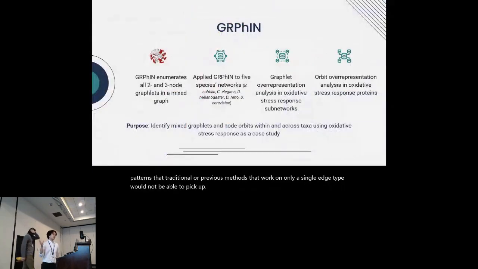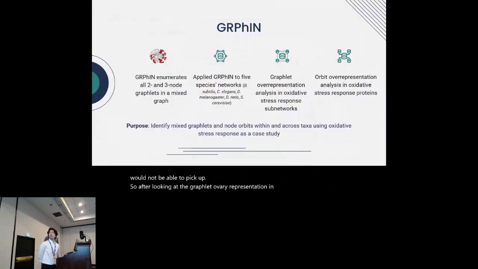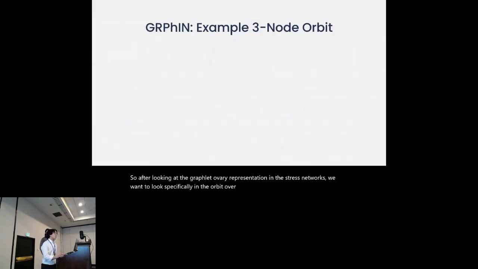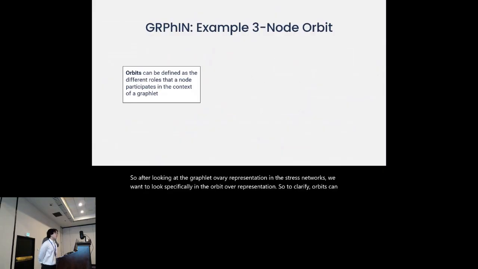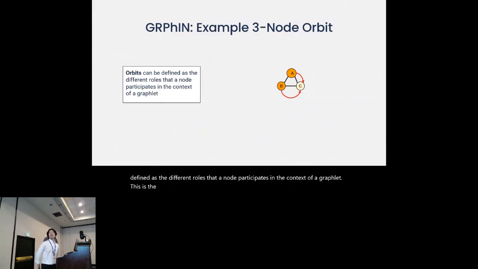So after looking at the graphlet overrepresentation in the stress networks, we want to look specifically at the orbit overrepresentation. To clarify, orbits can be defined as the different roles that a node participates in the context of a graphlet. This is the previous example we looked at. Visually, you can see that node A and node B have the same role in terms of the same outgoing and incoming edges.